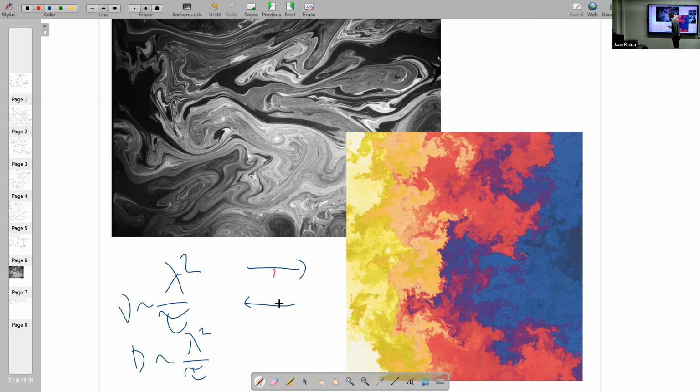A molecule which goes from here to here comes with momentum in that direction, and now it must obtain the momentum of the other direction, so it transfers momentum. Because of that, here we need to write the characteristic space scale and time scale of the molecules of the medium.